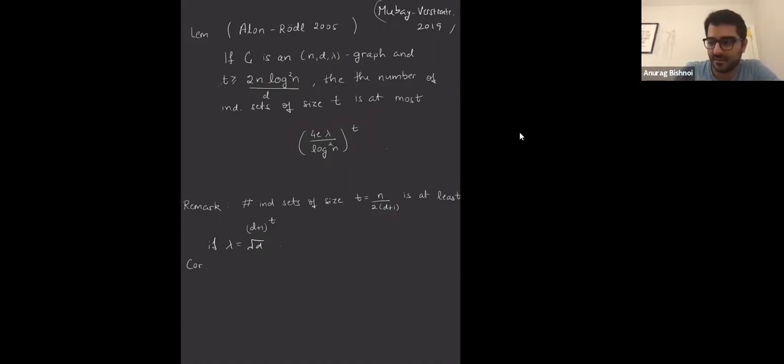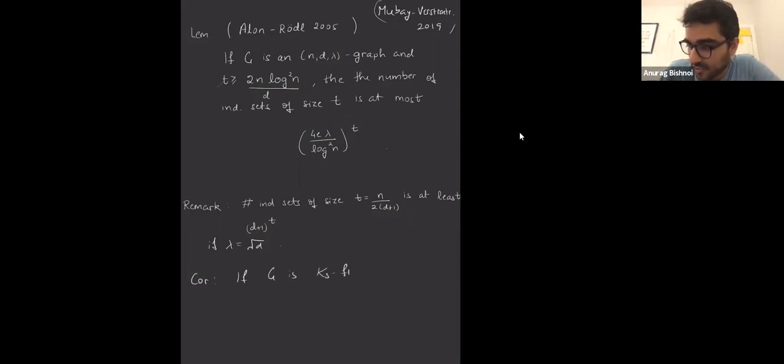Okay. And as a corollary, wait, let me erase this. As a corollary, if G is F-free, or for now, we are sticking to K_s-free.